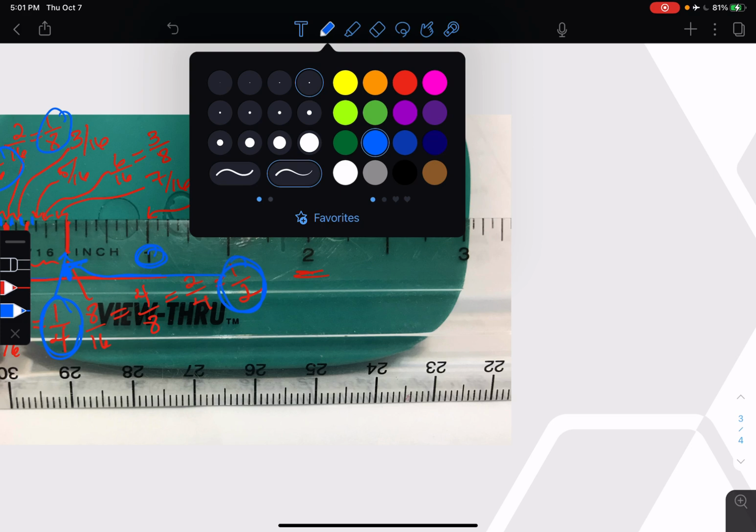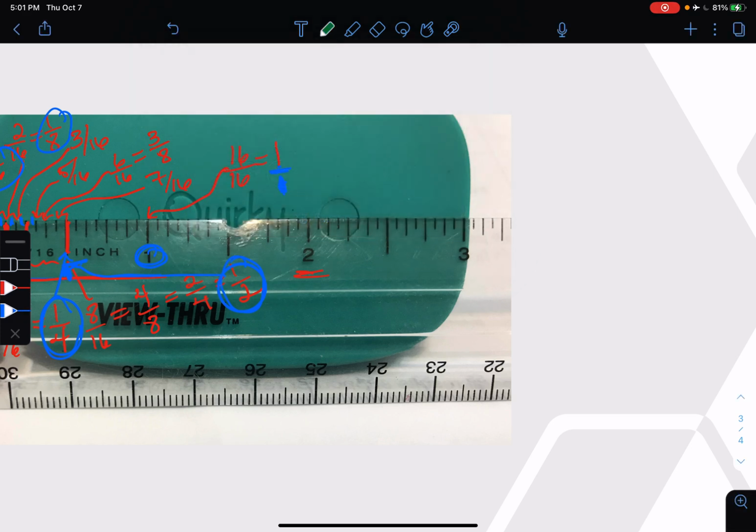I don't have a teal color, so I'll just do this green right here. How about this measures a little bit more than this right here?